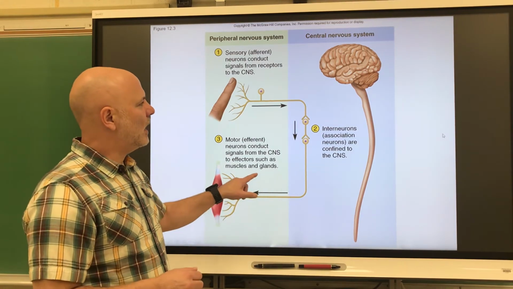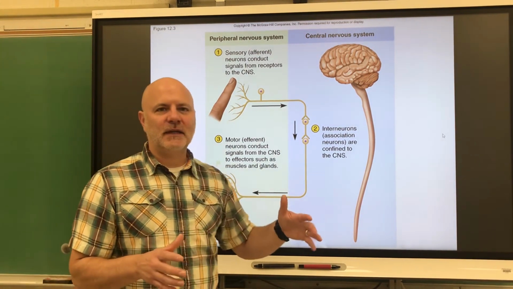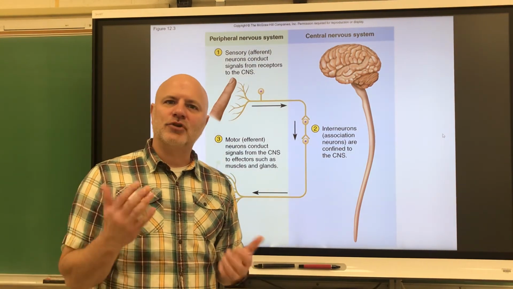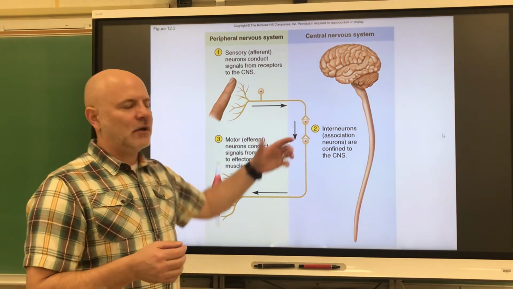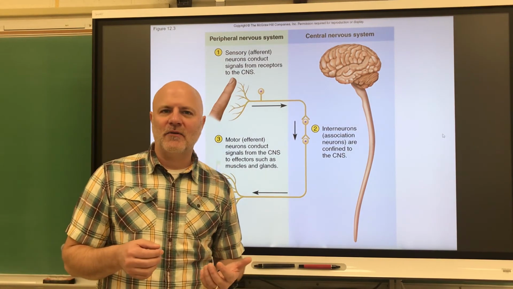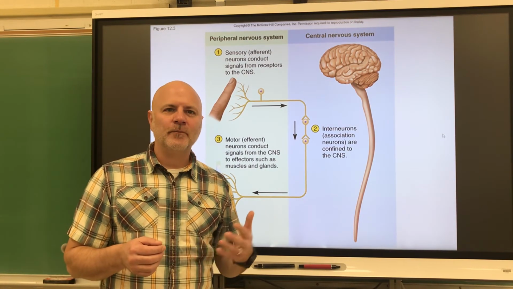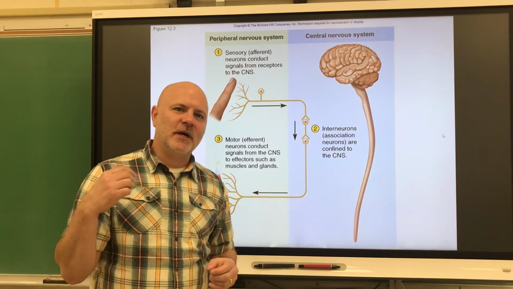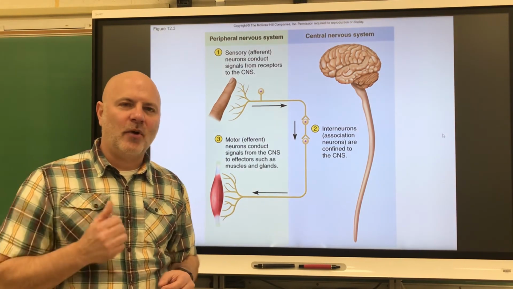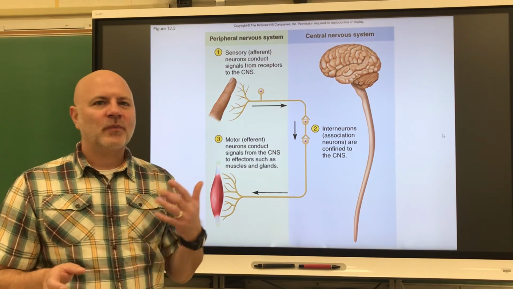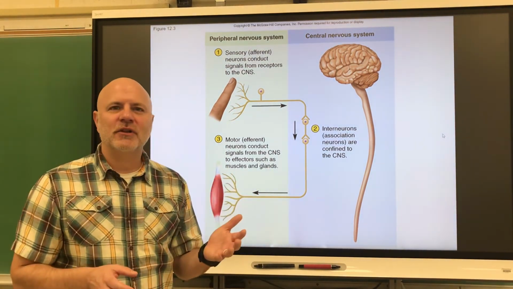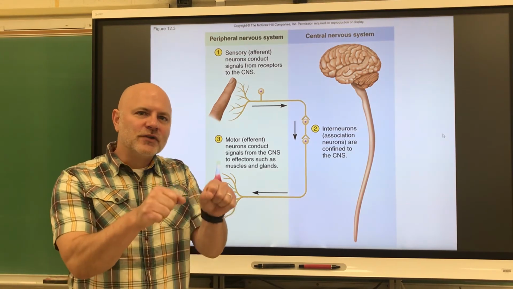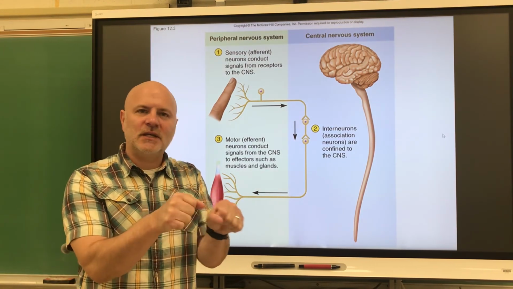This is simple things like, if I touch something hot, I would jerk away from that. That only goes through a very small portion of my spinal cord. Sensory receptors tell me, oh, that's really hot. It goes up into my spinal cord, I have a reflex, and I pull my hand away. That's integration. That's our function in the nervous system. The same thing occurs if you're driving along and you see a light change from green to yellow.